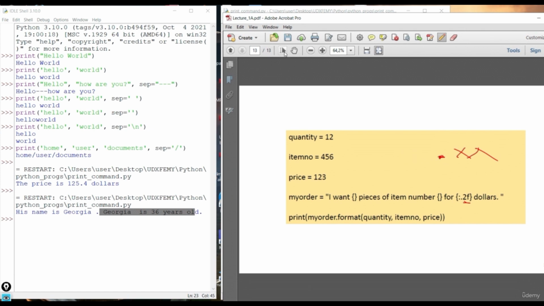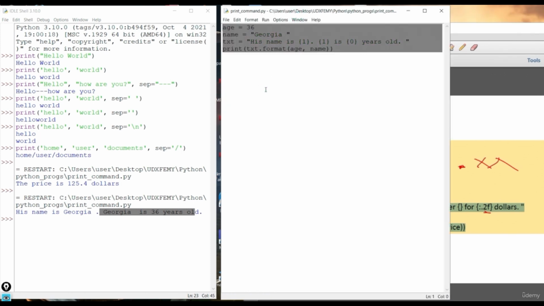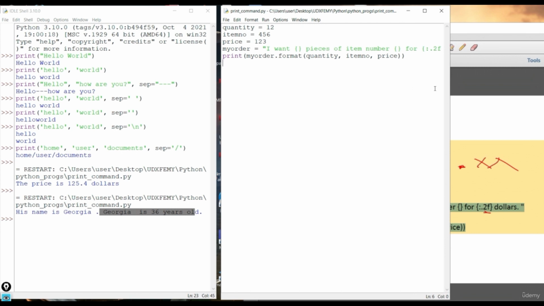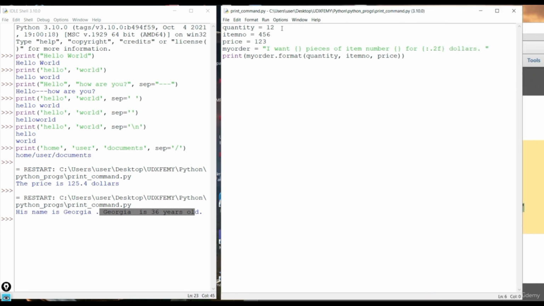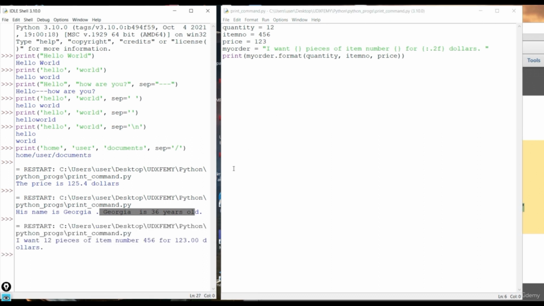So let's try this. I'm copying it and pasting it to my window. Okay, let me run it. I will use shortcut F5. Okay, so what do we see here?